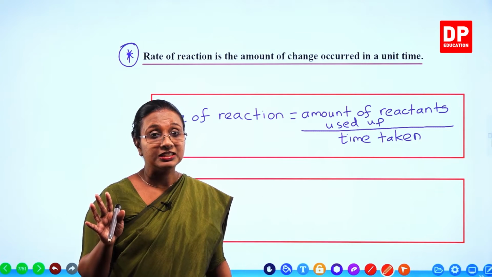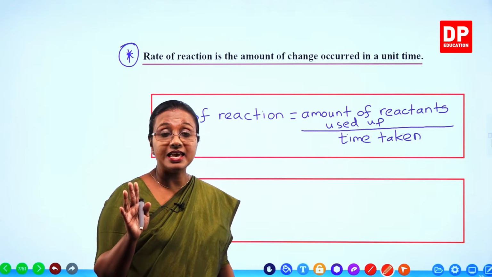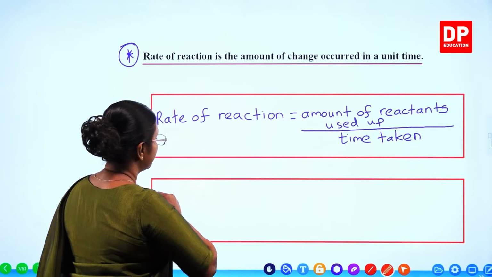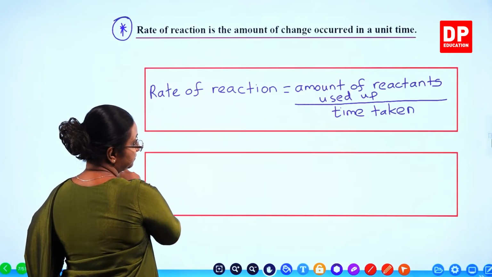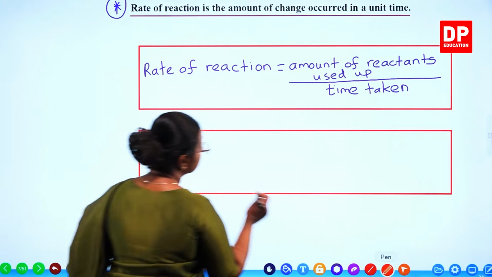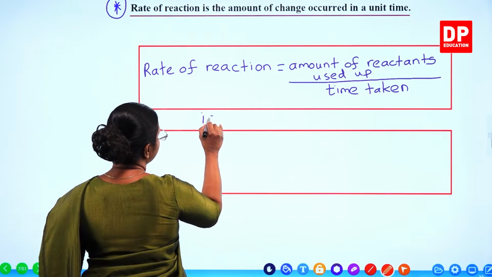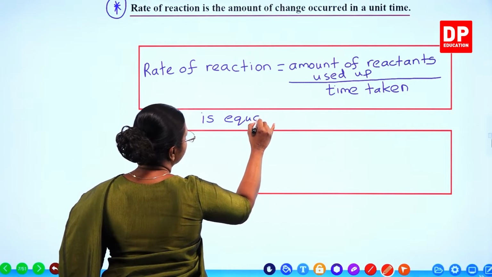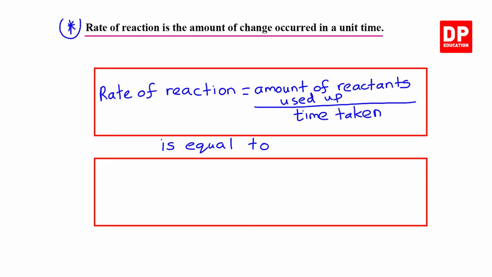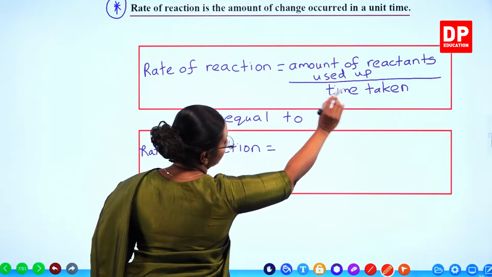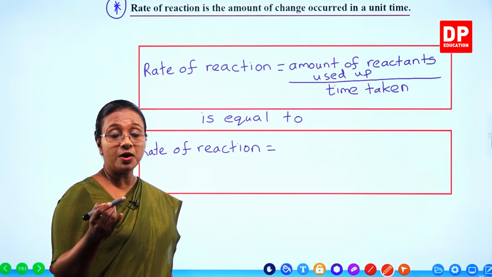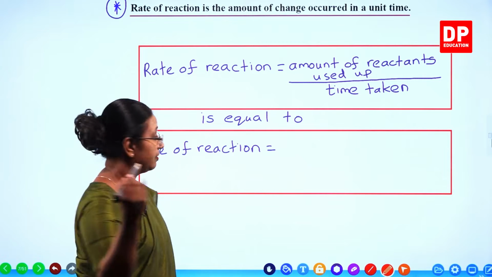Is that clear? This is the same as the second equation that I am going to write. Rate of reaction equals amount of reactants used up or amount of products formed.